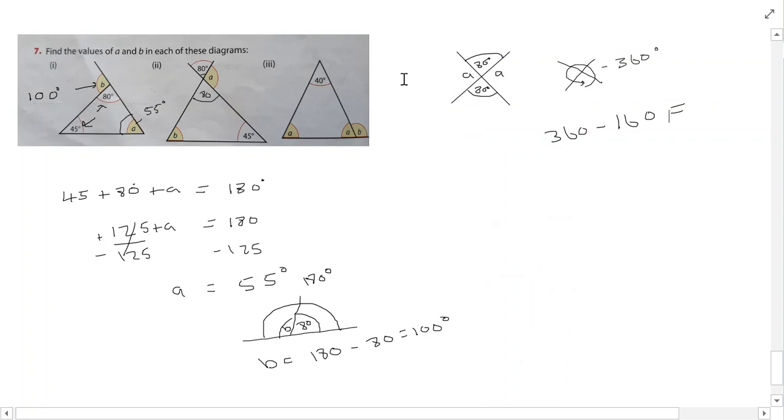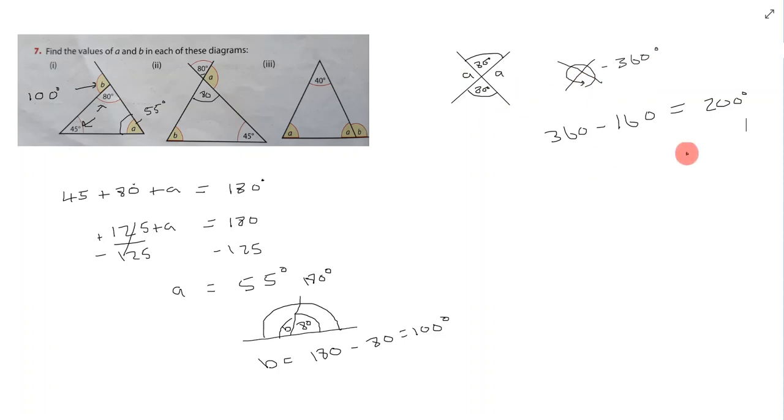So that's equal to 200 degrees. After we take out these two angles here, the 80 and the 80, when we take those away from the 360, we're left with 200 degrees. Those 200 degrees are split between these two angles here, because remember they're opposite and equal angles.